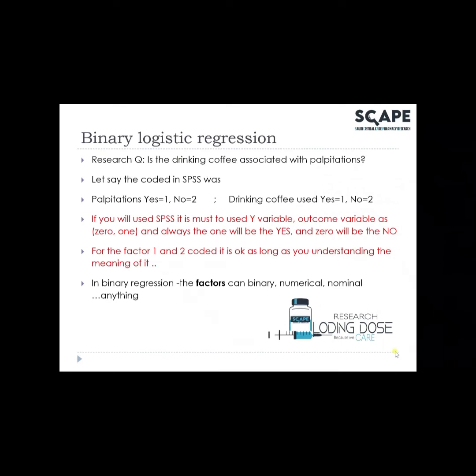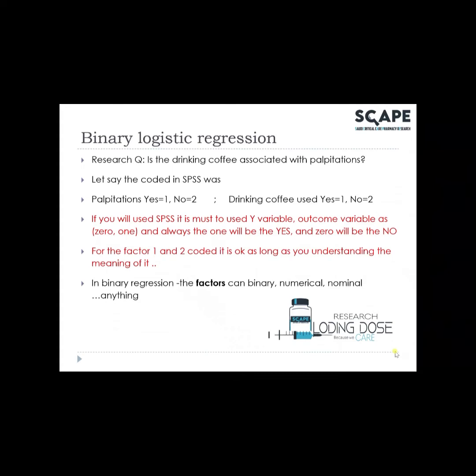Let's say we have research assessing whether drinking coffee is associated with palpitations. I have the data in SPSS, and I coded palpitations yes 1 and no 2, drinking coffee yes 1 and no 2. When I do binary logistic regression in SPSS, my Y variable or outcome should be coded as 0 and 1.